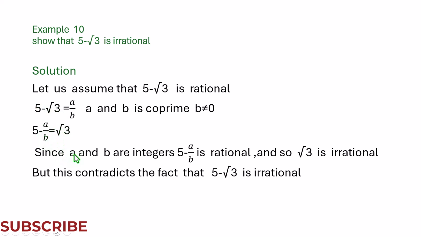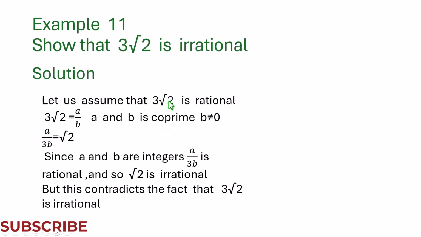Since a and b are integers, 5 minus a upon b is rational, and so root 3 would be rational. But this contradicts the fact that root 3 is irrational. Left hand side irrational, right hand side rational. This is a contradiction due to the wrong assumption.